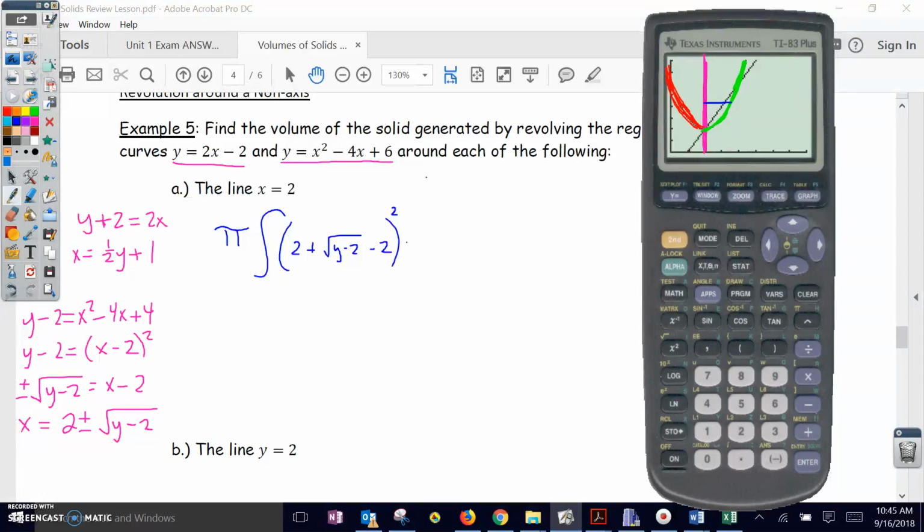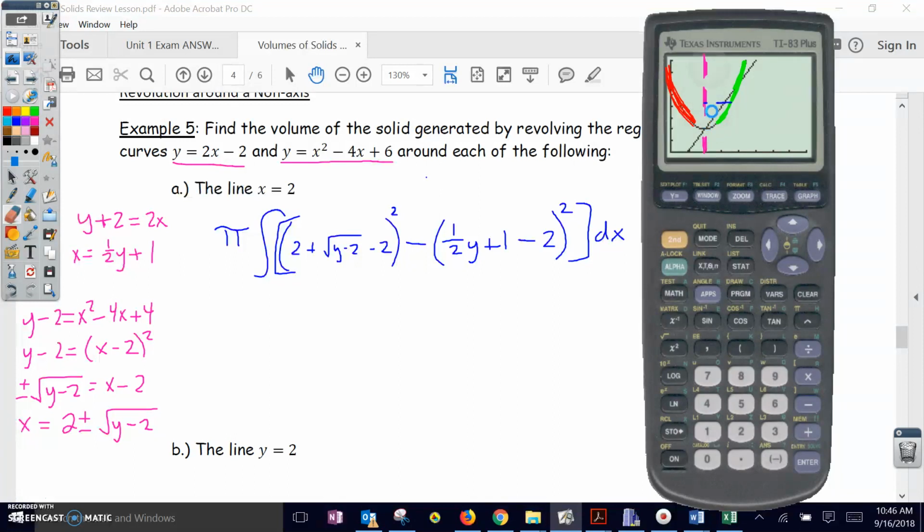So there's my outer radius. I'm going to do the same for the inner radius. It's the distance from the line x equals 1/2 y plus 1 to the axis of rotation. So I've got 1/2 y plus 1, and then I need to subtract away the location of the axis of rotation. And now all I need is my limits of integration.